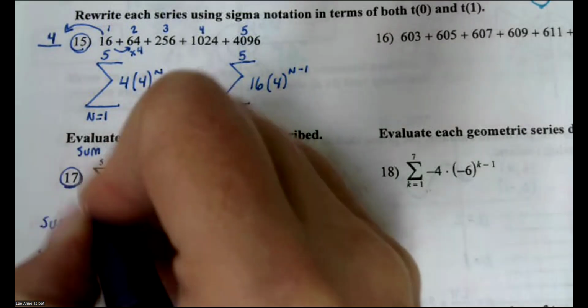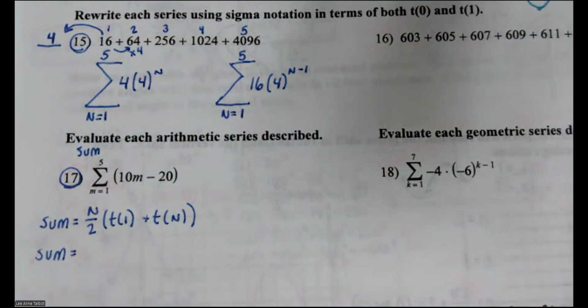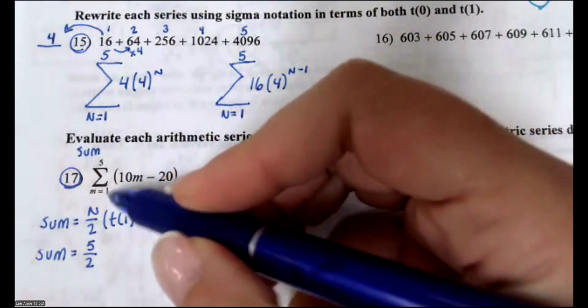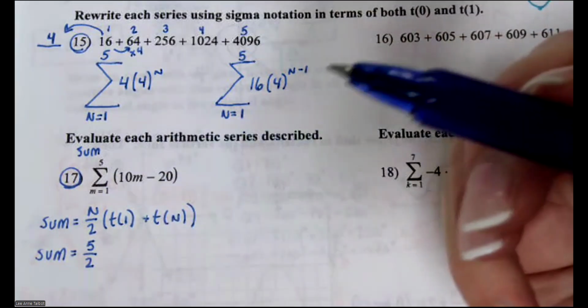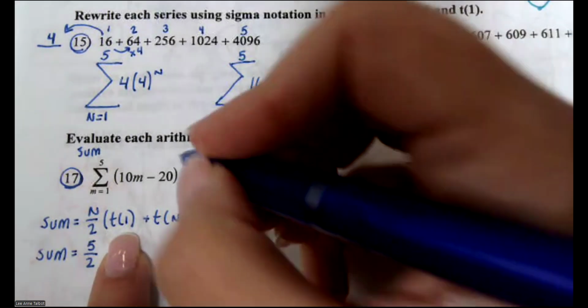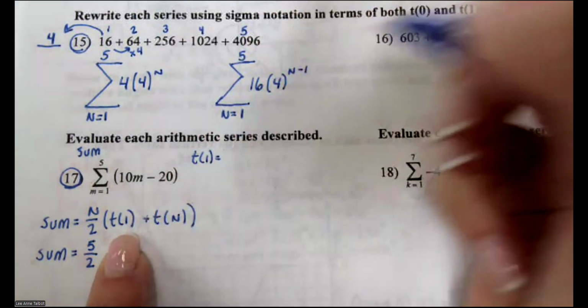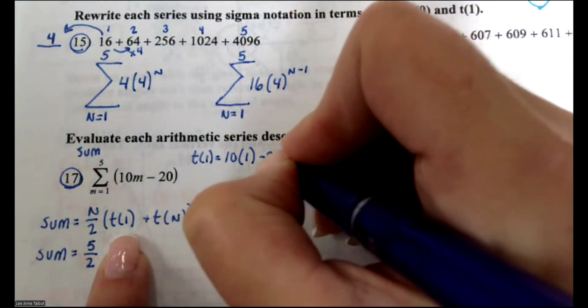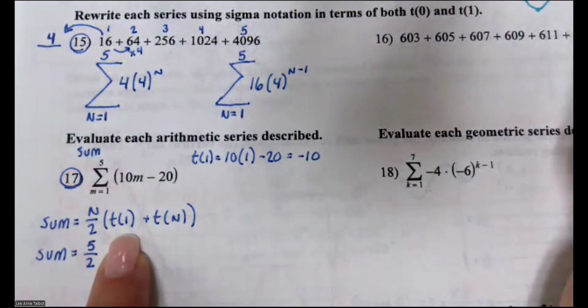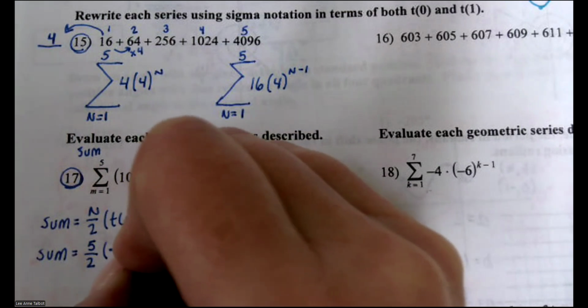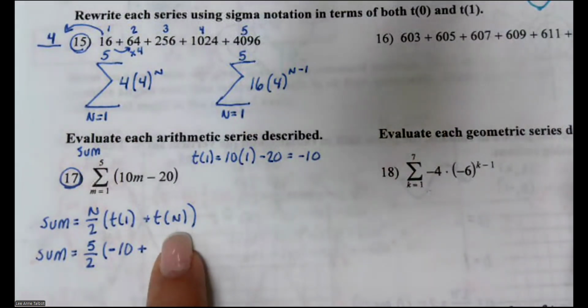Sum equals, how many terms are there in problem number 17? 5. So the question you're asking yourself is how many numbers are there between 1 and 5? And the answer is 5. Okay, and then what's the first number? I don't know, but I can get it by plugging in 1. And what's the last number?